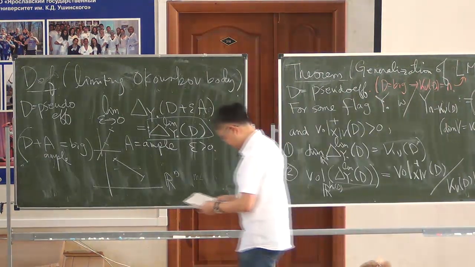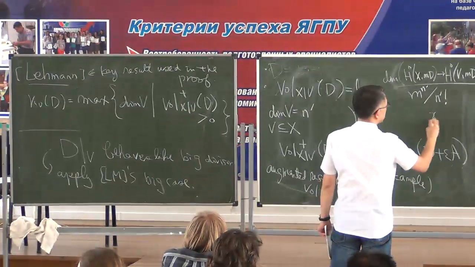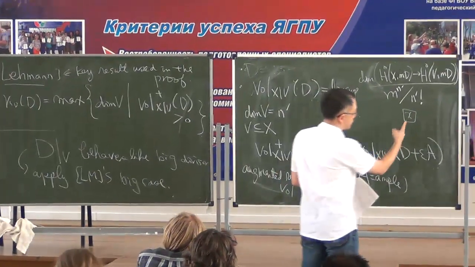Okay, so today I talked about the volume of the Okounkov body and the dimensions of the Okounkov body. Tomorrow we will extract some local information. If you have a flag, the last one is a point, and we focus on this point.